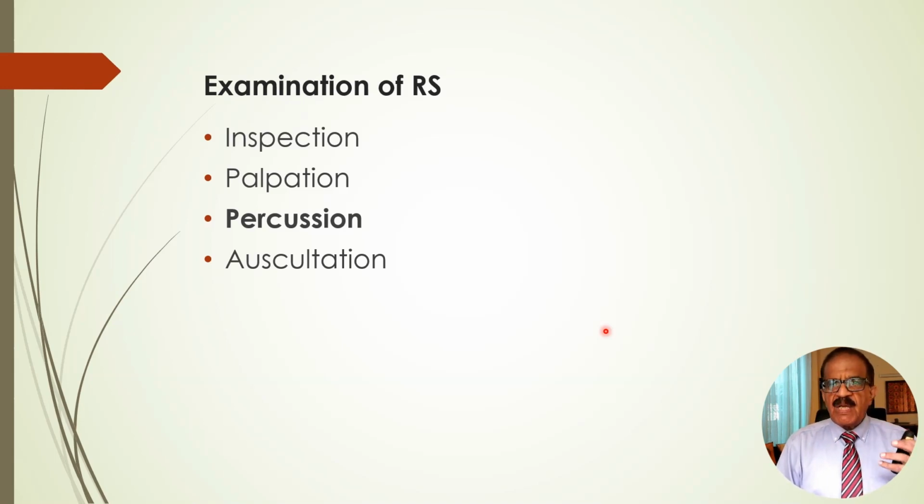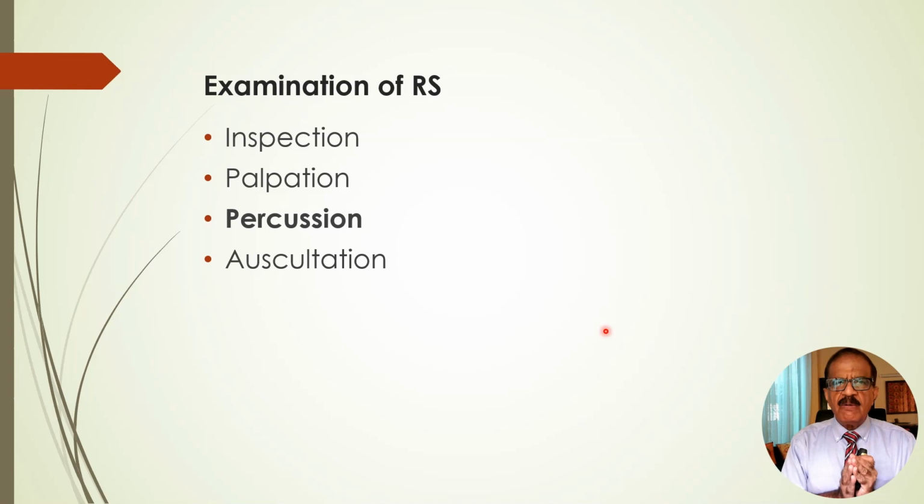So when we percuss on the lungs, we expect a normal resonant tone. If the tone is not resonant, then we suspect some disease. Now it could be hyperresonant or it could be dull. So depending upon these findings, we will make a diagnosis.